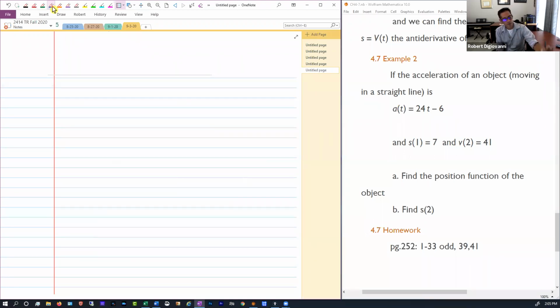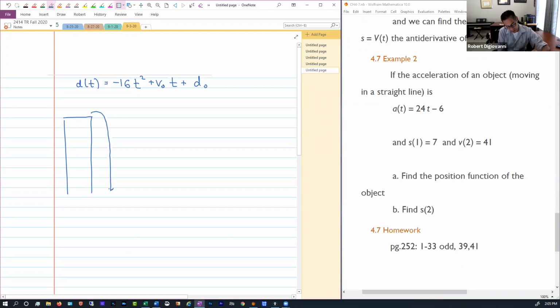For those of you who have taken a physics class, you may have seen a formula like this before. This is a formula that we use in physics to talk about if you take an object and you throw an object, let's say off of a bridge or a building or something like that, and it starts falling on Earth.